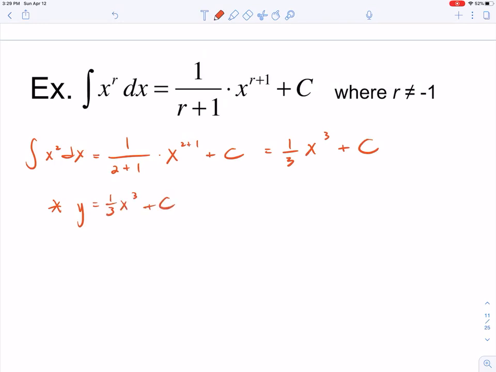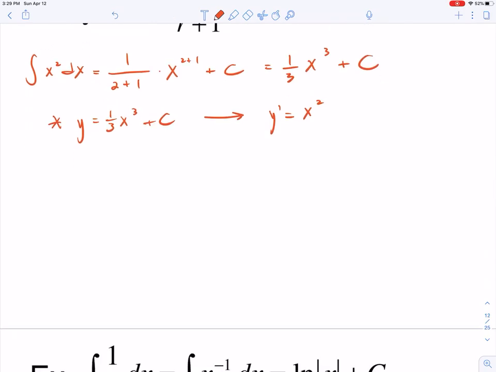Well, if we took y equals 1/3 x cubed plus c and took the derivative, 3 times 1/3 is 1, subtract 1 from the exponent would be x squared, and the derivative of c is 0.